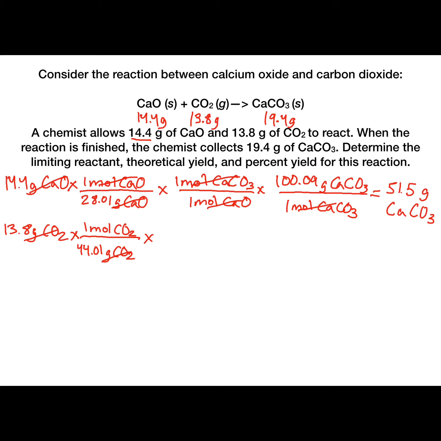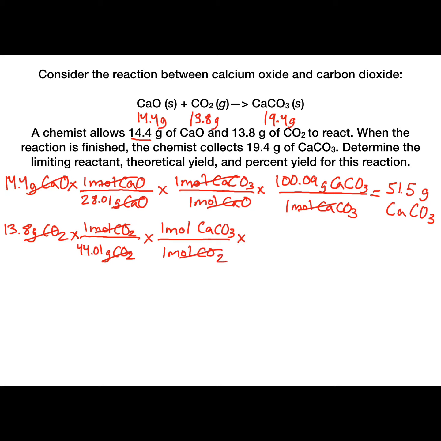Now that we have moles of carbon dioxide, we can now use our mole to mole ratio. So for every 1 mole of carbon dioxide, there's 1 mole of our calcium carbonate. So we have our 1 mole of our calcium carbonate for every 1 mole of carbon dioxide.